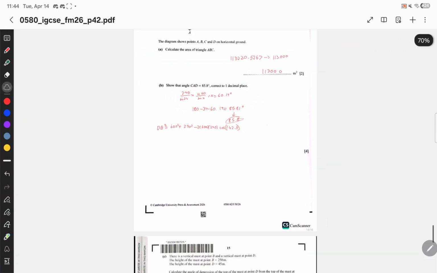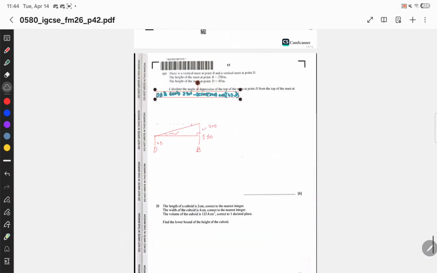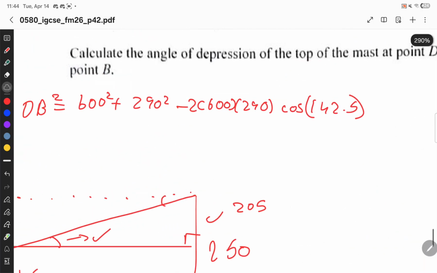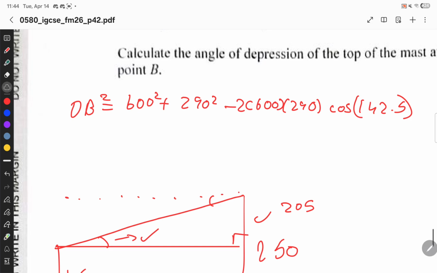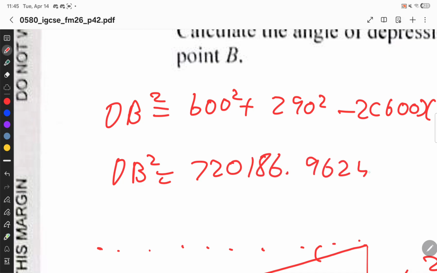So DB squared is equal to 600 squared plus 290 squared minus 2 times 600 times 290 times cosine of 142.5, which is 720,186.9624.